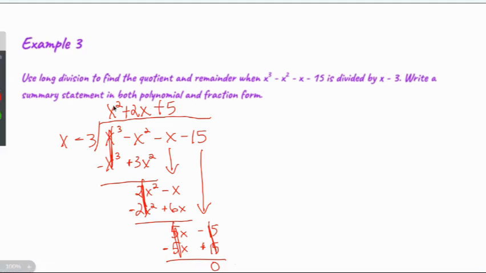So again, polynomial would be x minus 3 times x squared plus 2x plus 15, or plus 5, pardon me. Let me erase that.